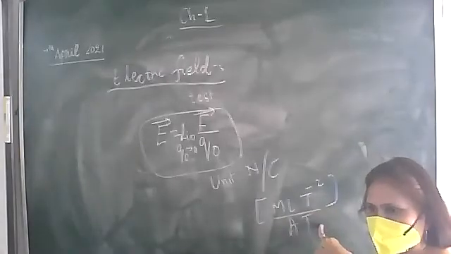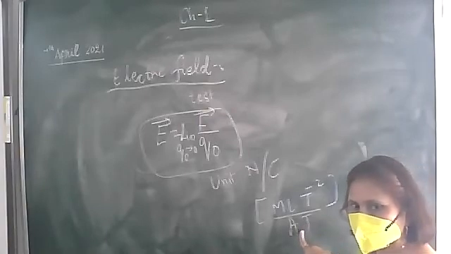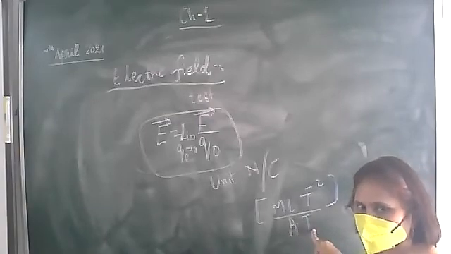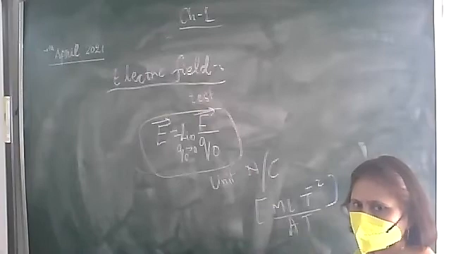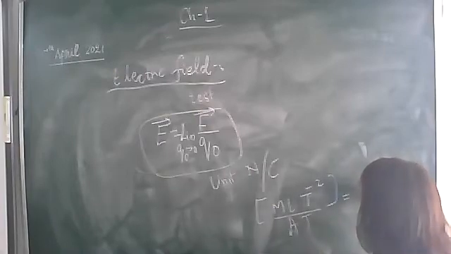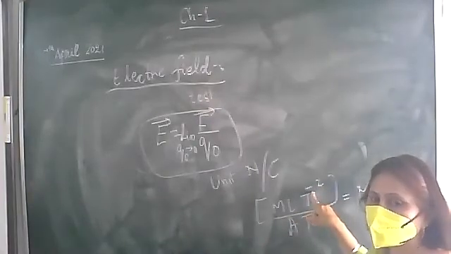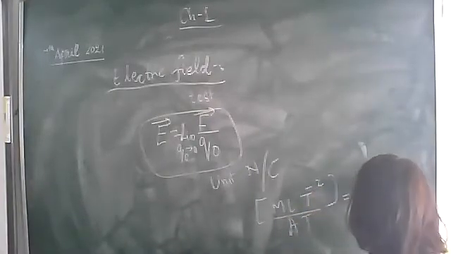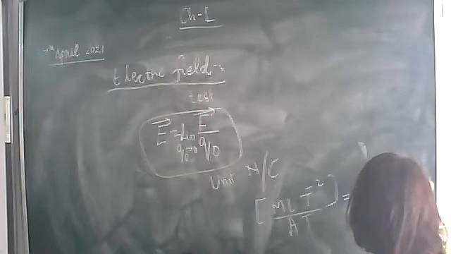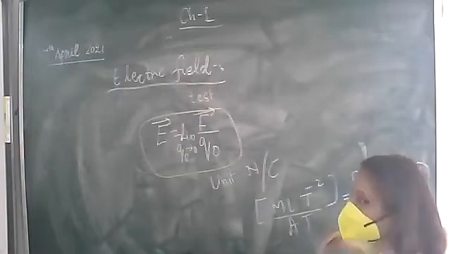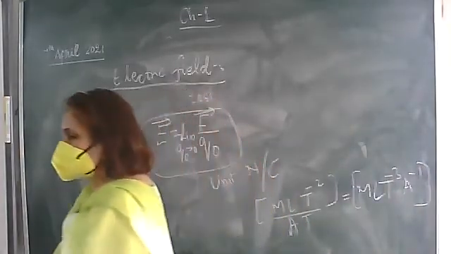Current into time is the charge, and the dimension of current is A, or I, anything you can write down. So it is equal to M L raised to the power 1, T raised to the power minus 2 minus 1, that is T raised to the power minus 3, A raised to the power minus 1 is its dimensional formula.